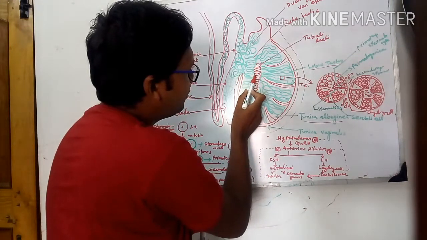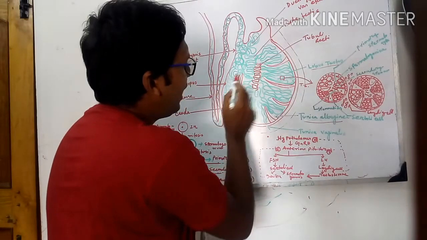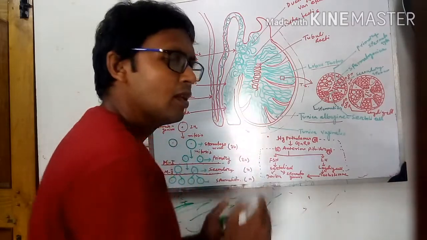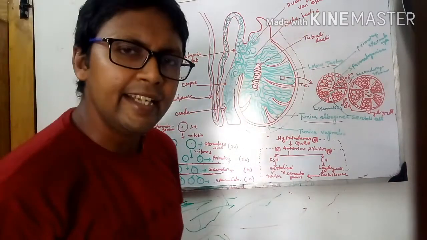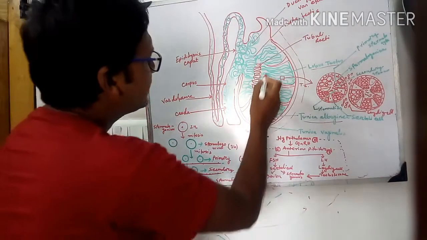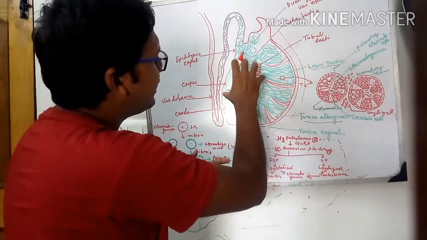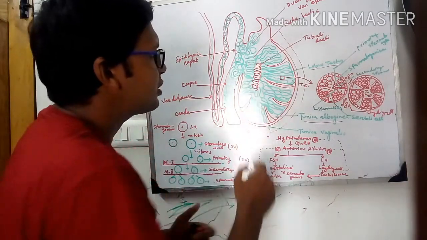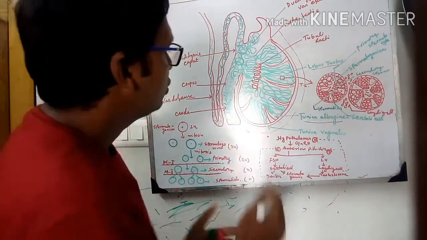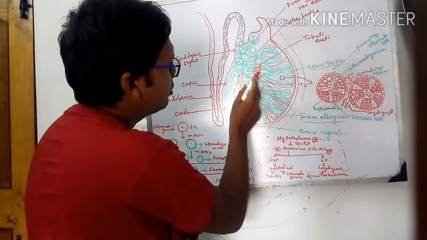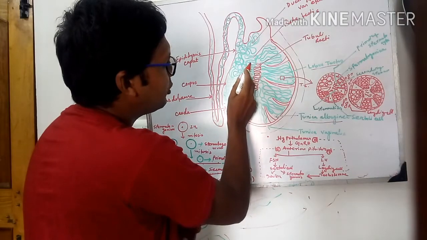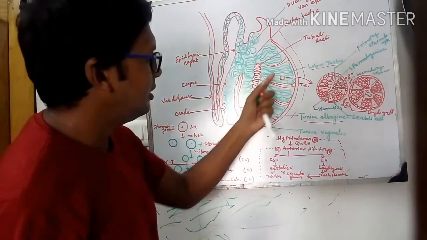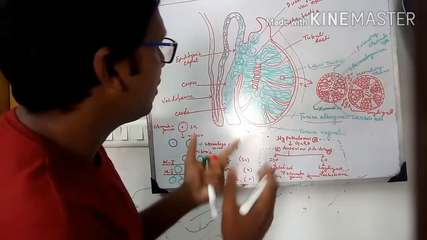Tubuli recti is present just between the seminiferous tubule and the rete testis. Rete means reticulate. In this region, seminiferous tubules form a reticulate structure, called rete testis. So the tubuli recti is present between the rete testis and the highly convoluted seminiferous tubules.